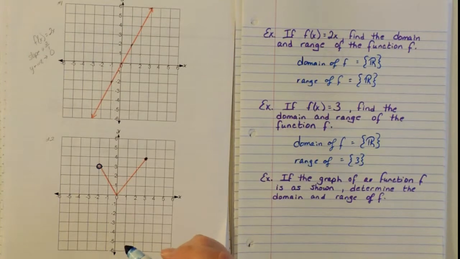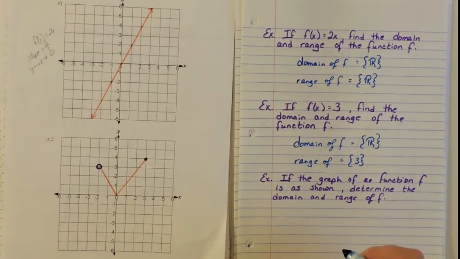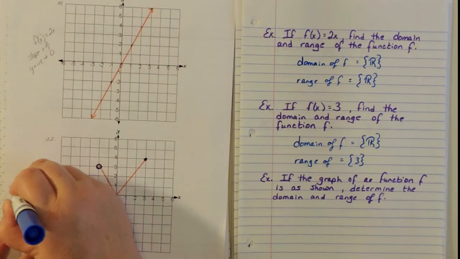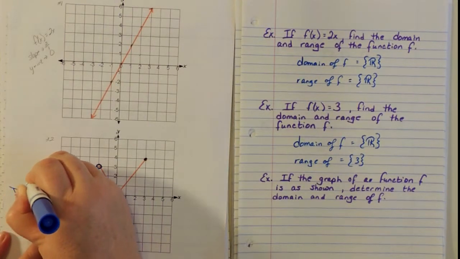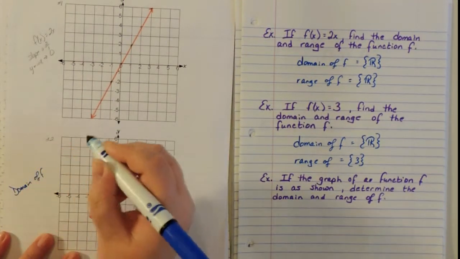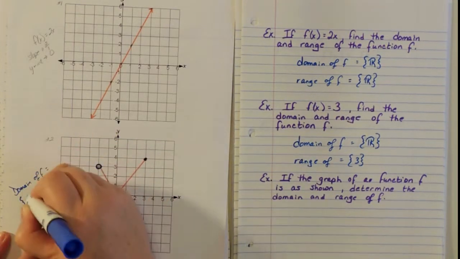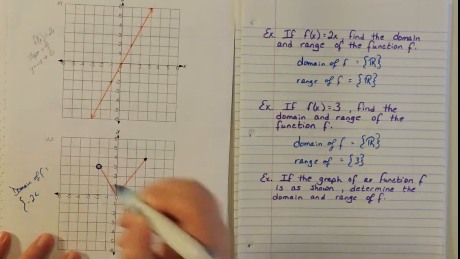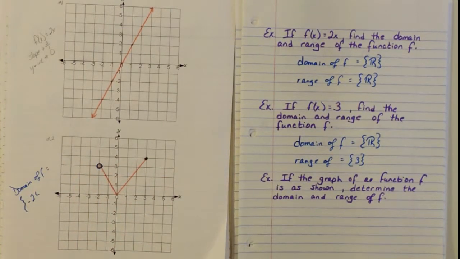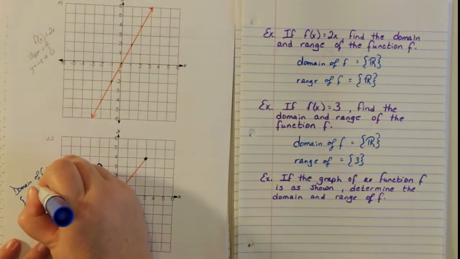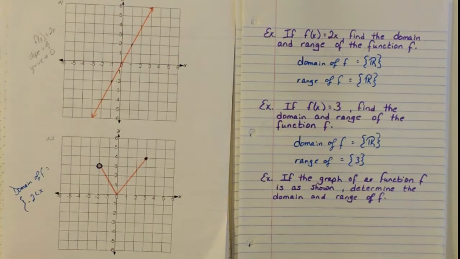So we can start by saying the domain of f, right, equals, and it's a set, it's always going to be bigger than, but not equal to, -2. We're talking about x.